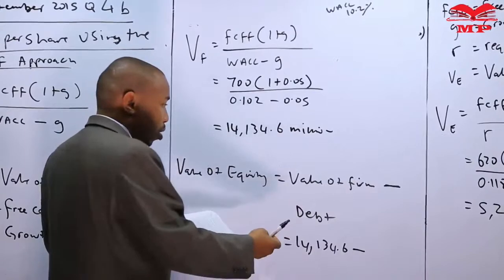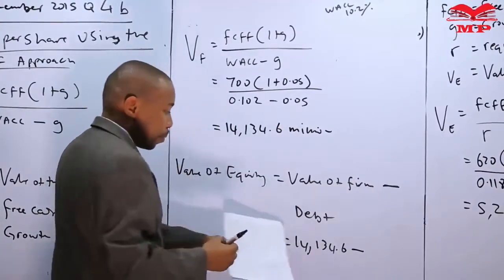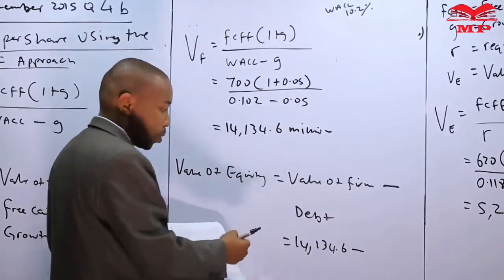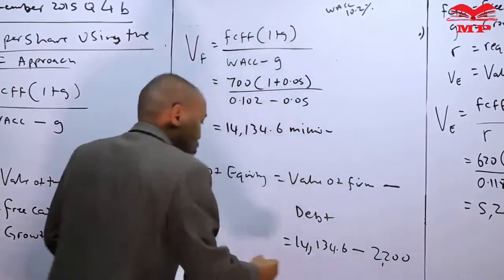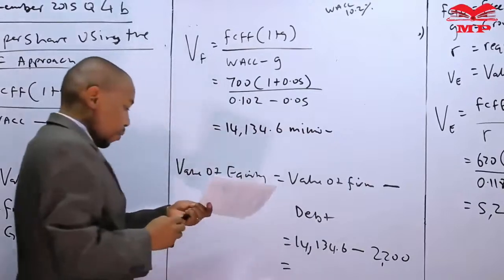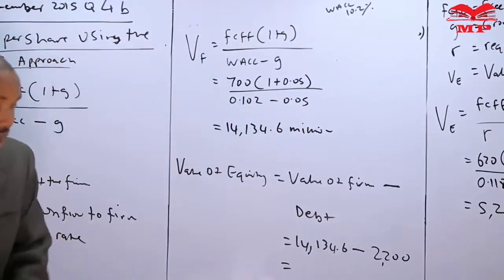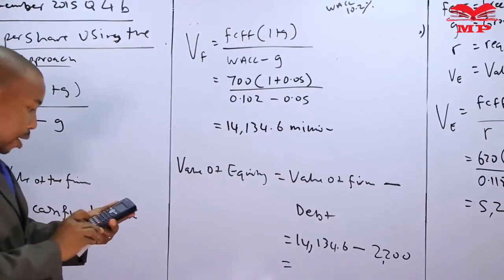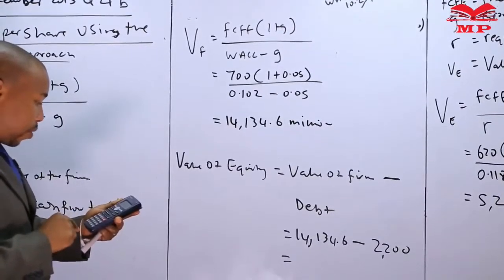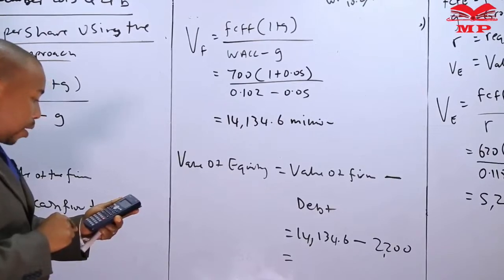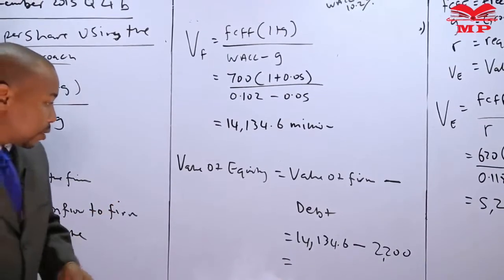To be consistent, converting to millions, that is 2,200. So how much is the value of equity? 14,134.6 minus 2,200 gives 11,934.6.